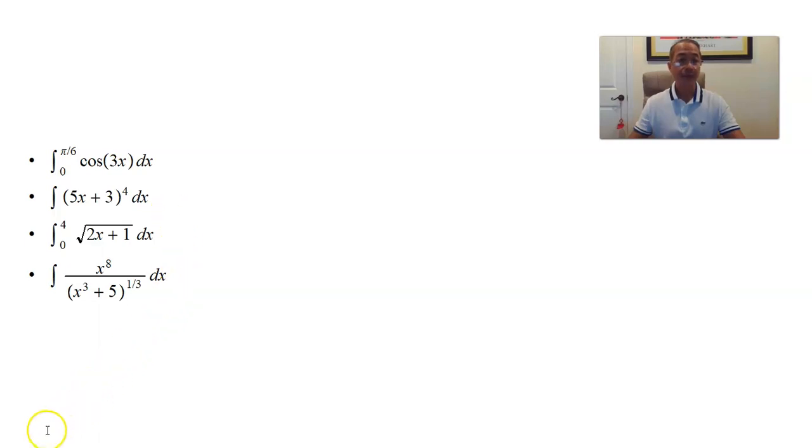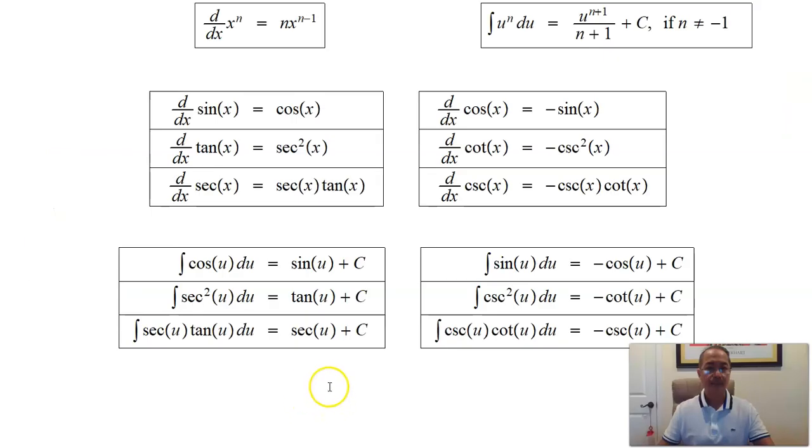So to prepare for that, let us review some basic formulas for integrals. First we have the power rule. For derivatives, we know that the derivative of x to the power n is n times x to the n minus 1. You drop the exponent, it becomes a coefficient, and then you subtract 1 from the exponent. On the other hand, this derivative formula gives us an antiderivative formula.